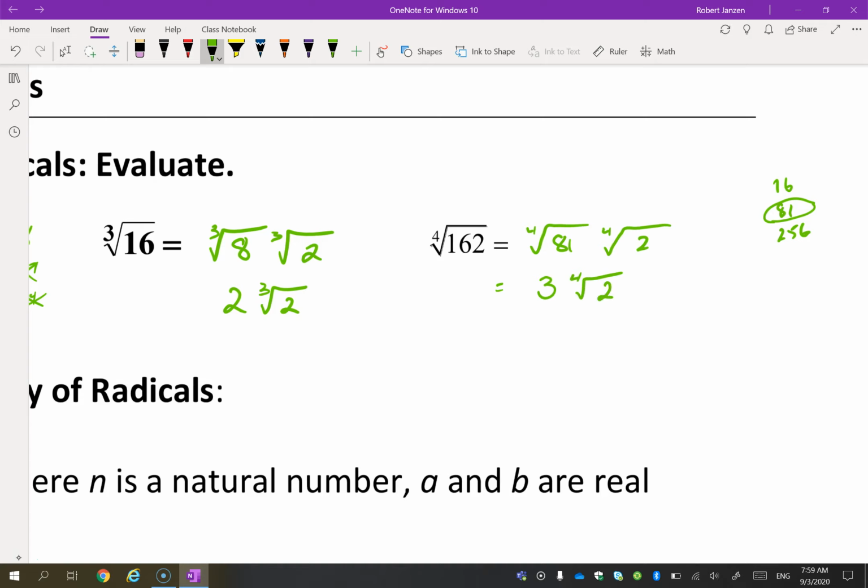Now, there was another way that you were shown last year. I don't know if this is something that you need, but if you can't remember factors of 162, what you could do instead, I'll leave that answer and do it another way down here. Another way to do this would be to write 162 in terms of its prime factors.